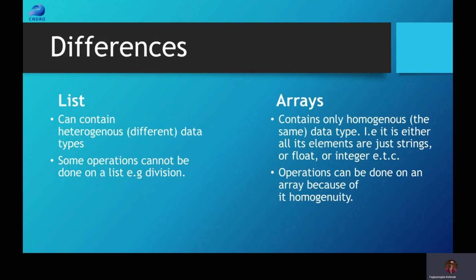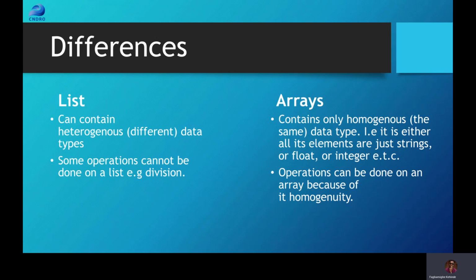One of the differences between a list and an array is that a list can contain heterogeneous data types, and by heterogeneous I mean different data types. So a list can contain a string, an integer, a float, and of course a boolean.